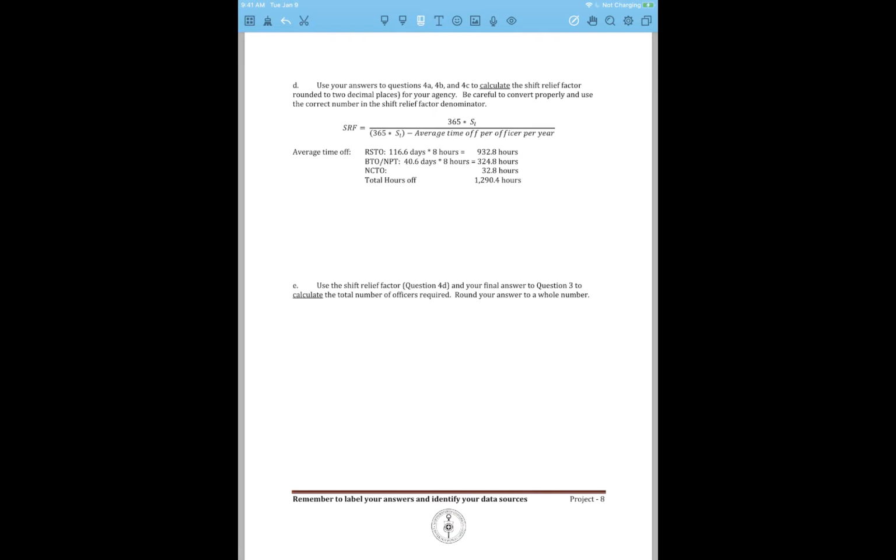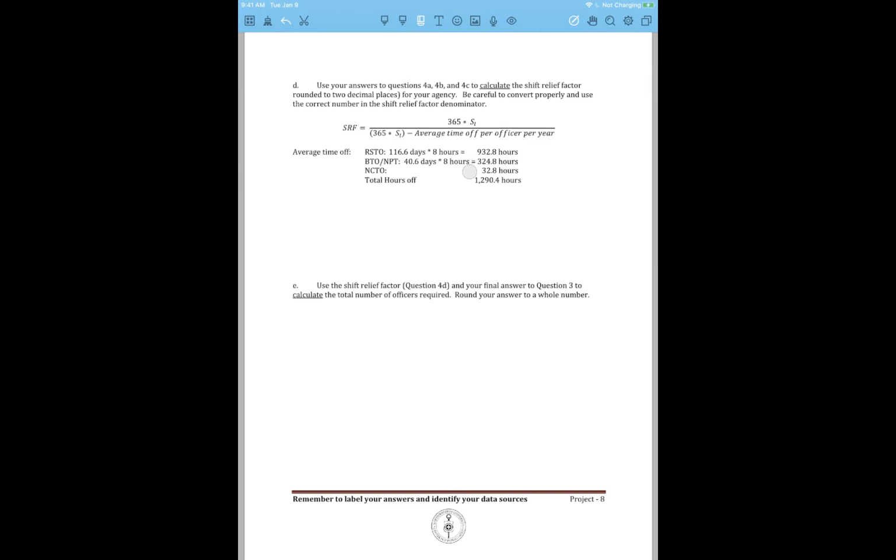So my regularly scheduled time off of 116.6 days times my 8-hour shift length gives me 932.8 hours. My benefit time off and my non-patrol time, 40.6 days times my 8-hour shift, that's 324.8 hours.